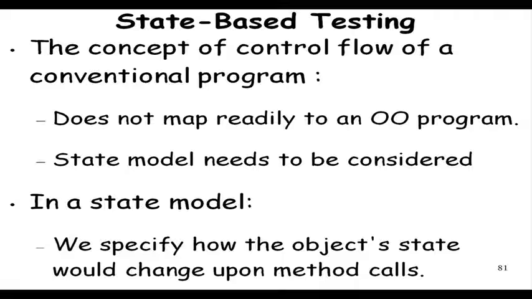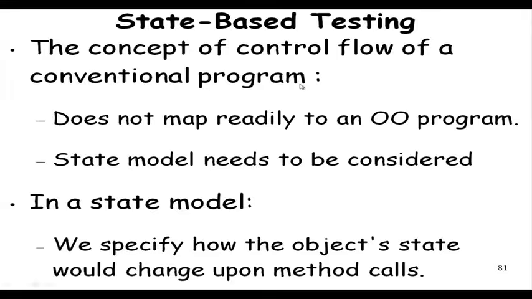The state behavior of a class can be represented with a state model. In a procedural program, we could test by a function calling another function, and all possible calls among the functions we could test for their integration.